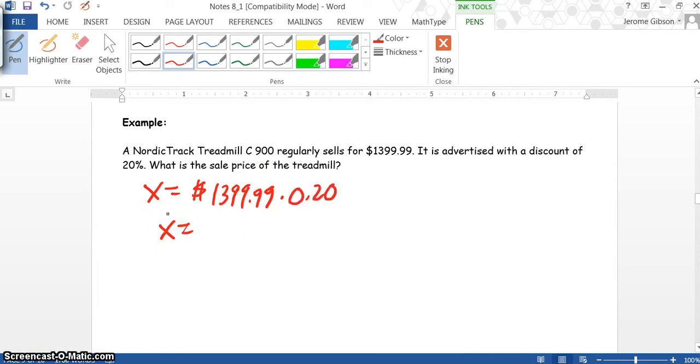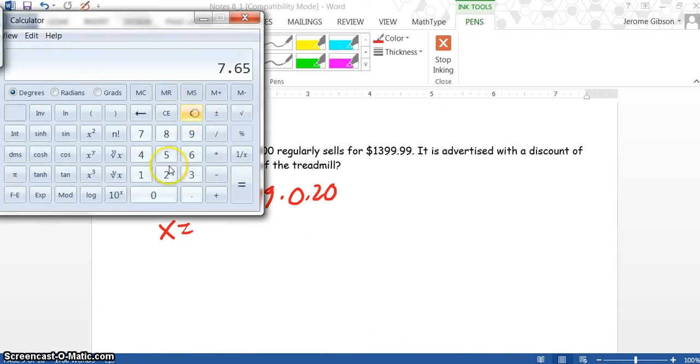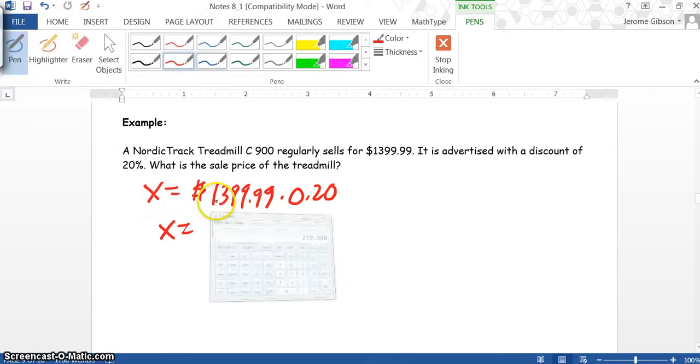Now we know this X is our discount. So now we're going to multiply the $1,399.99 times 0.20. So that'll be approximately $280. That will be the discount. And it's an approximation.